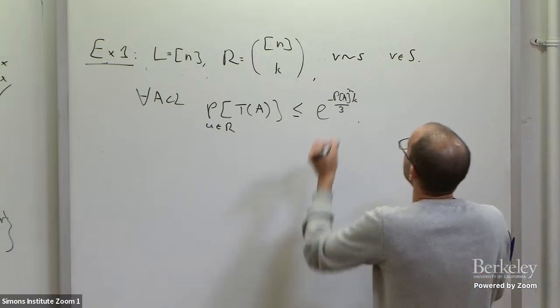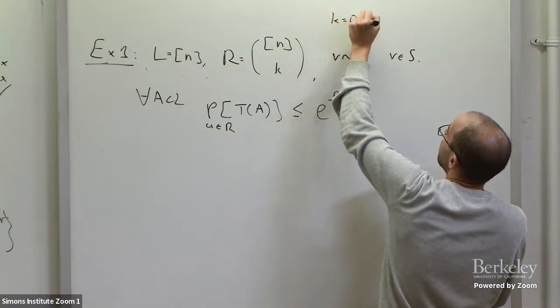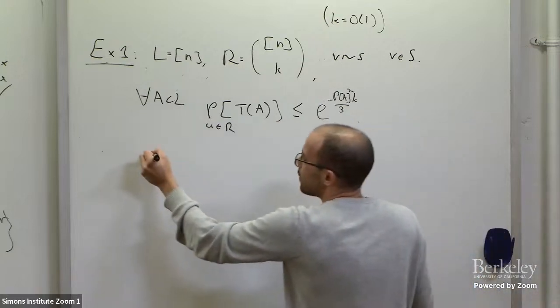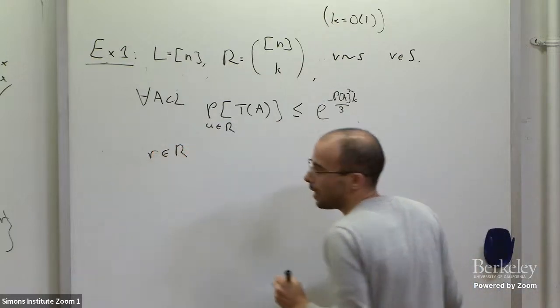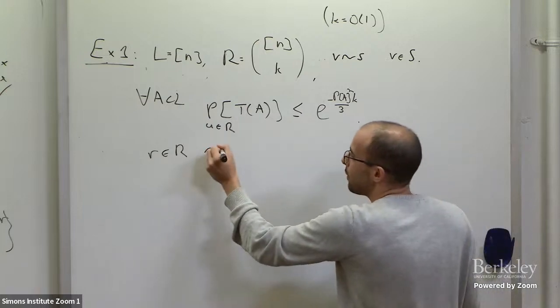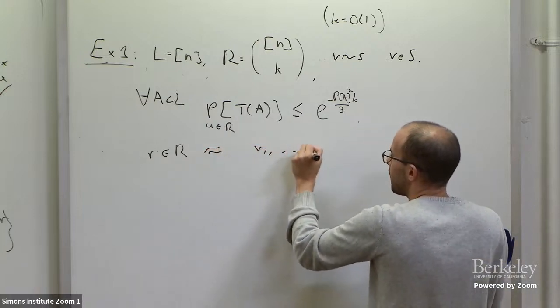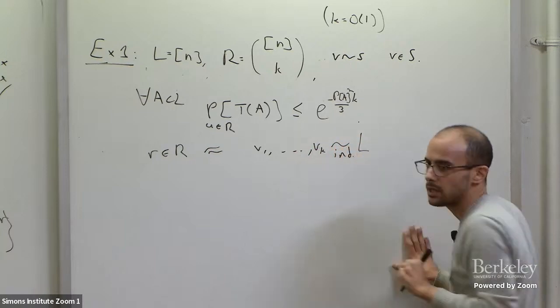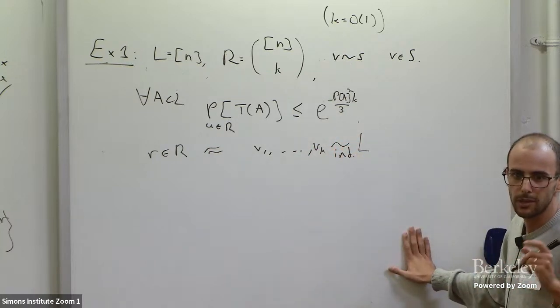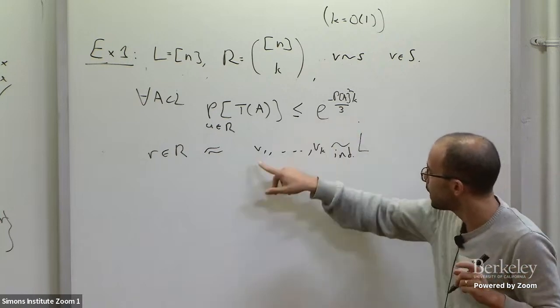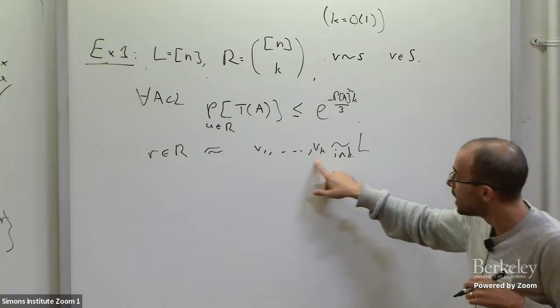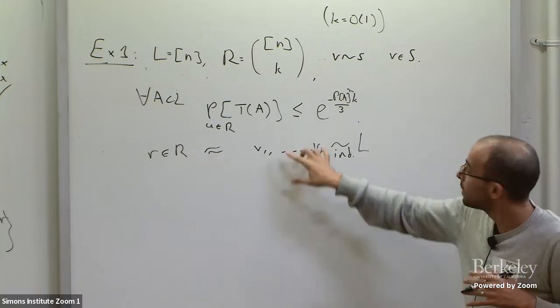Well, roughly, let's think of k as some constant and n as much larger than k. Sampling a node on the right is roughly just like sampling k vertices on the left independently. Of course, when we sample independently there is some probability of a collision, but ignoring that when k is very small, this is roughly the same thing. So this is just a Chernoff bound.